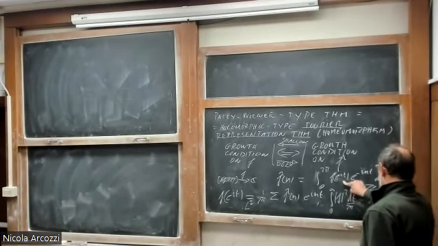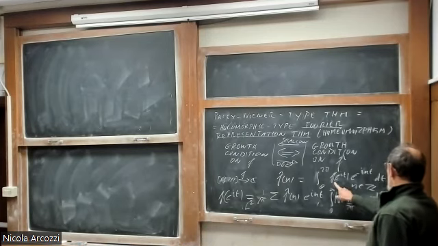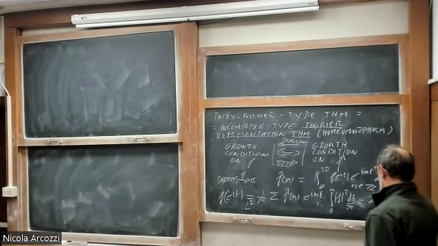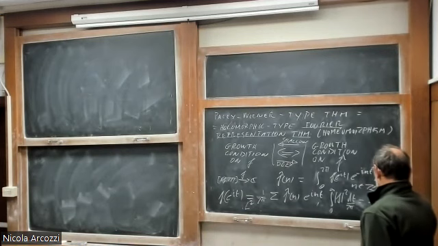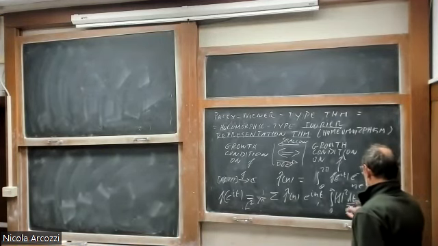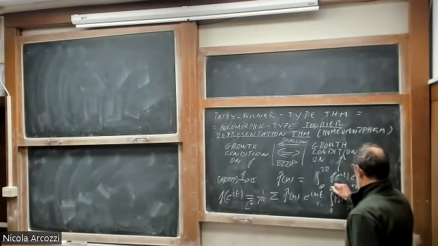Say f is 1. Okay, if f is 1, then this is 2 pi squared, and that's the one, this is 2 pi.